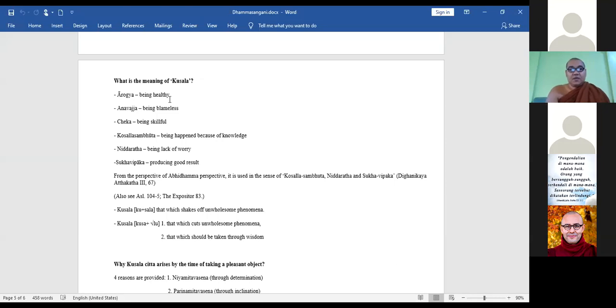Number four meaning is kosalla, cleverness. If you are an expert, it means that you have a wide range of knowledge about something. That's why it is called kosalla.